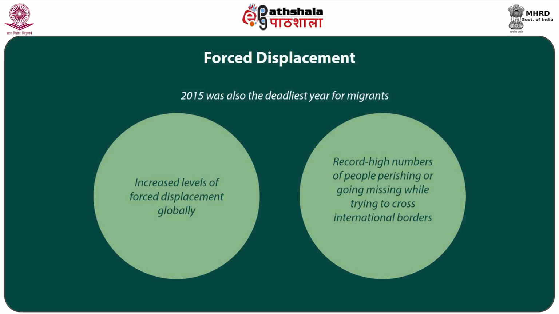2015 was also the deadliest year for migrants, as increased levels of forced displacement globally were tragically accompanied by record high numbers of people perishing or going missing while trying to cross international borders.